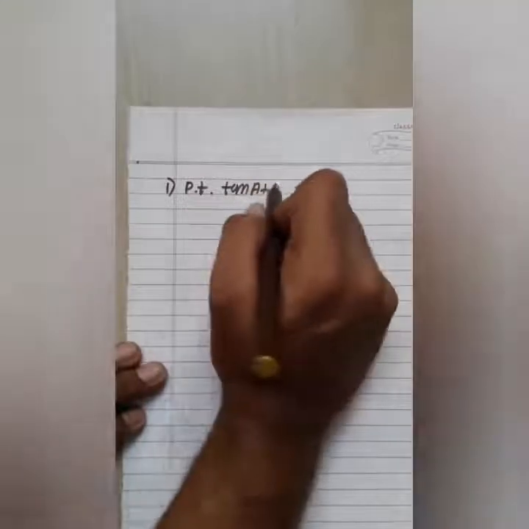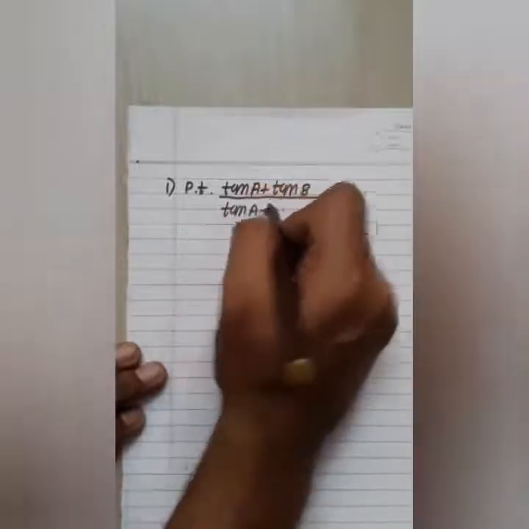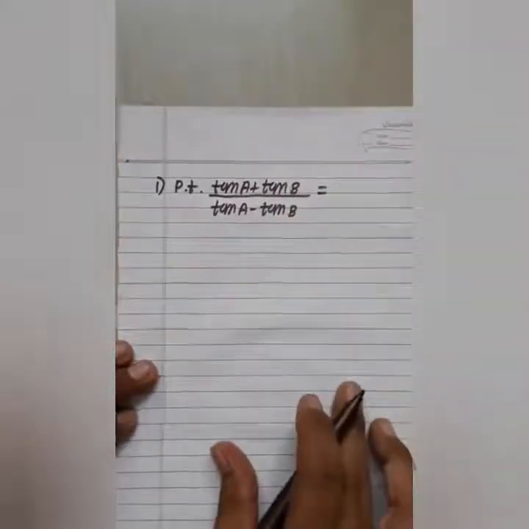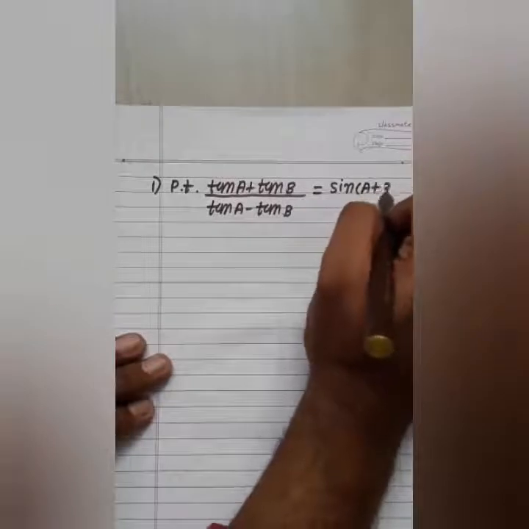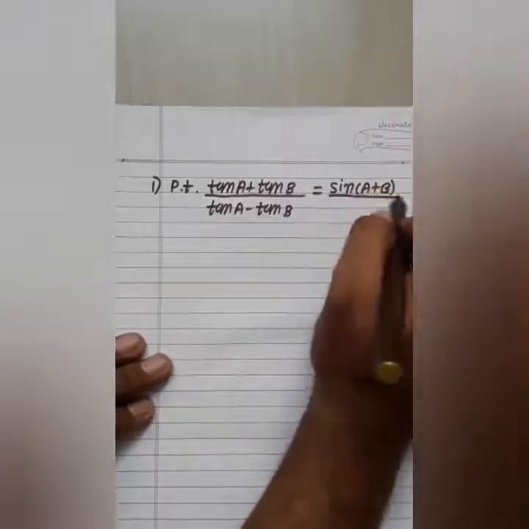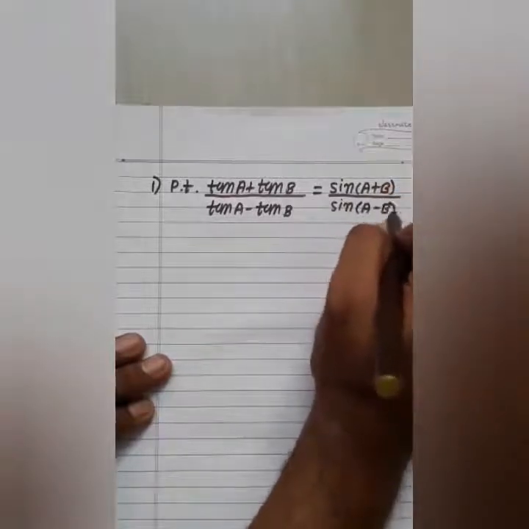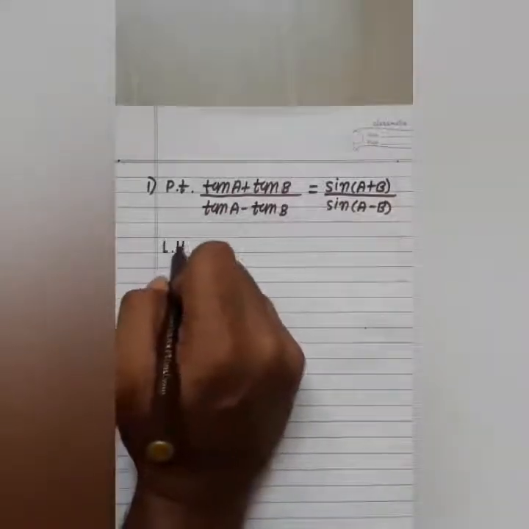Prove that (tan a plus tan b) upon (tan a minus tan b) is equal to sin(a+b) upon sin(a-b). So first of all, start with the LHS.